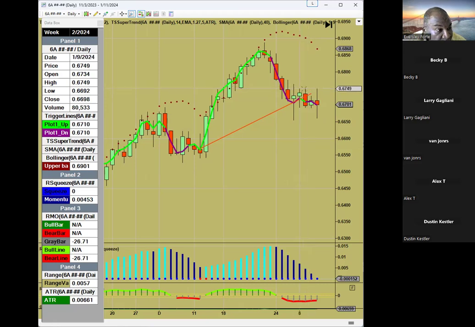The only update we've done to that is the greater of the two. So let's say the 10 ticks is right here, but the ATR stop is right here. You're going to use the greater of the two. That might be one of the changes we use, but that's all it is.